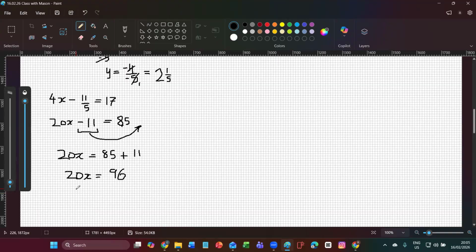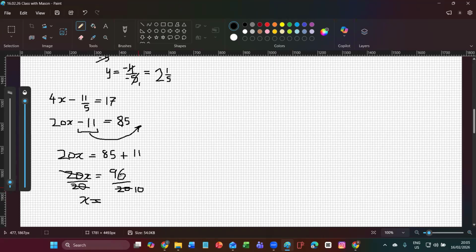If I divide both sides by 20, I'll have 20x over 20, which takes 20 out of the picture, or rather, it leaves us with x on the left hand side. On the right hand side, we have 96 over 20, and you can use 2 to break things down. 2 in 20 is 10.